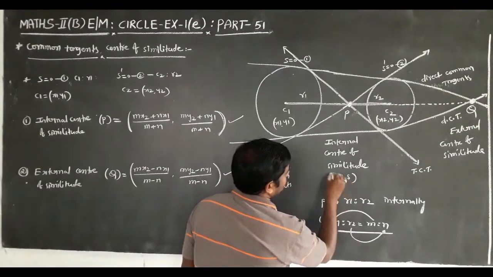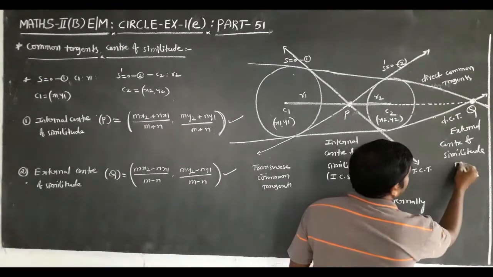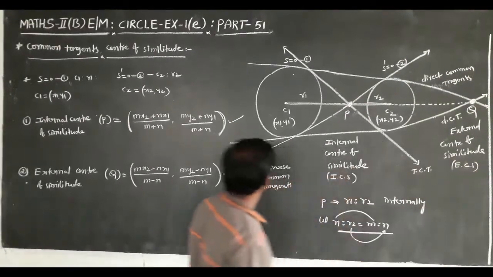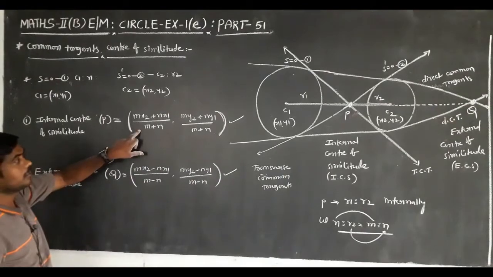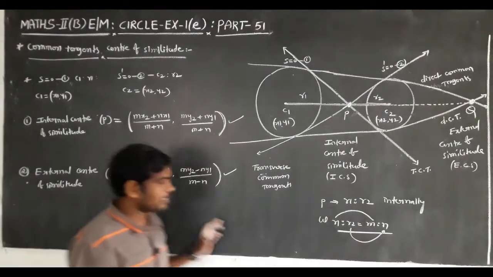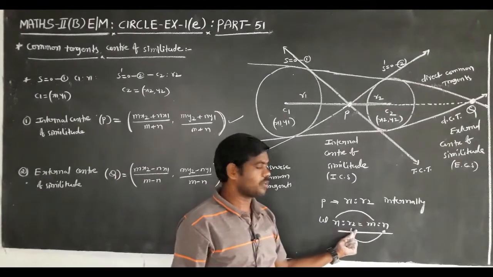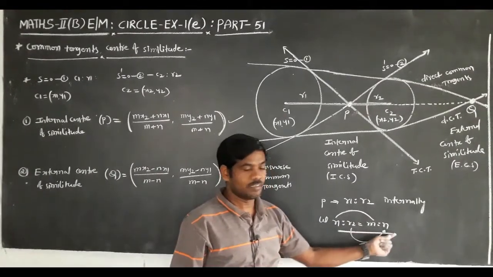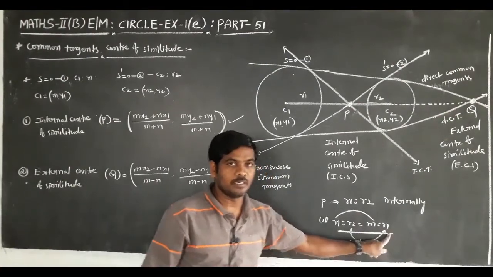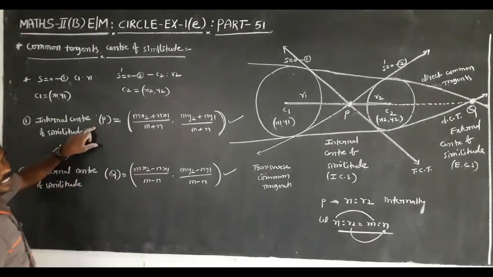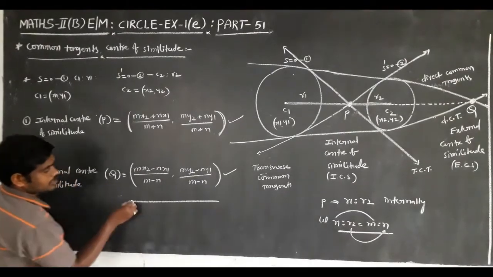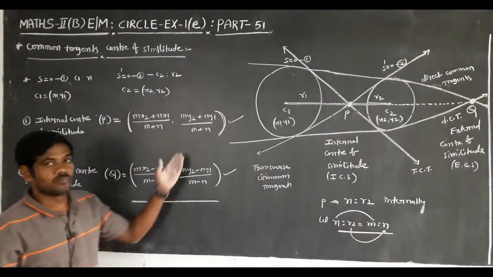This is the internal center formula, this is the external center formula. Note here R1 is to R2 is equal to M is to N, R1 is equal to M, R2 is equal to N. This is how we find the formulas for the internal and external centers of similitude.